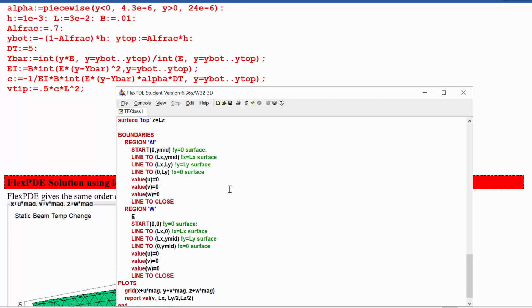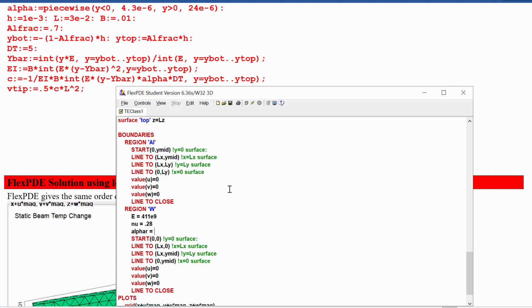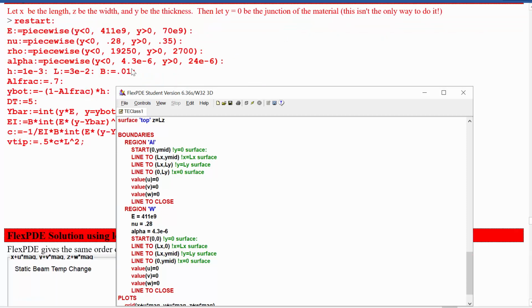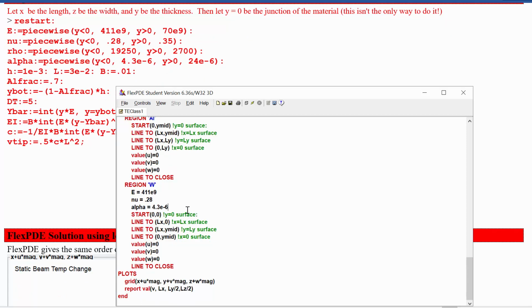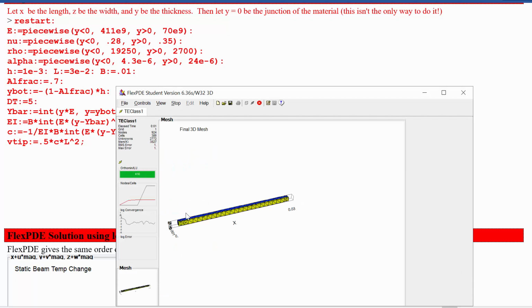So let's re-specify. E is 411E9, nu is 0.28, and alpha is 4.3E-6. Let's just make sure that we did that correctly. Yes, 0.28, 411E9. Okay. Always double check the parameters. That's one definite source of error there.